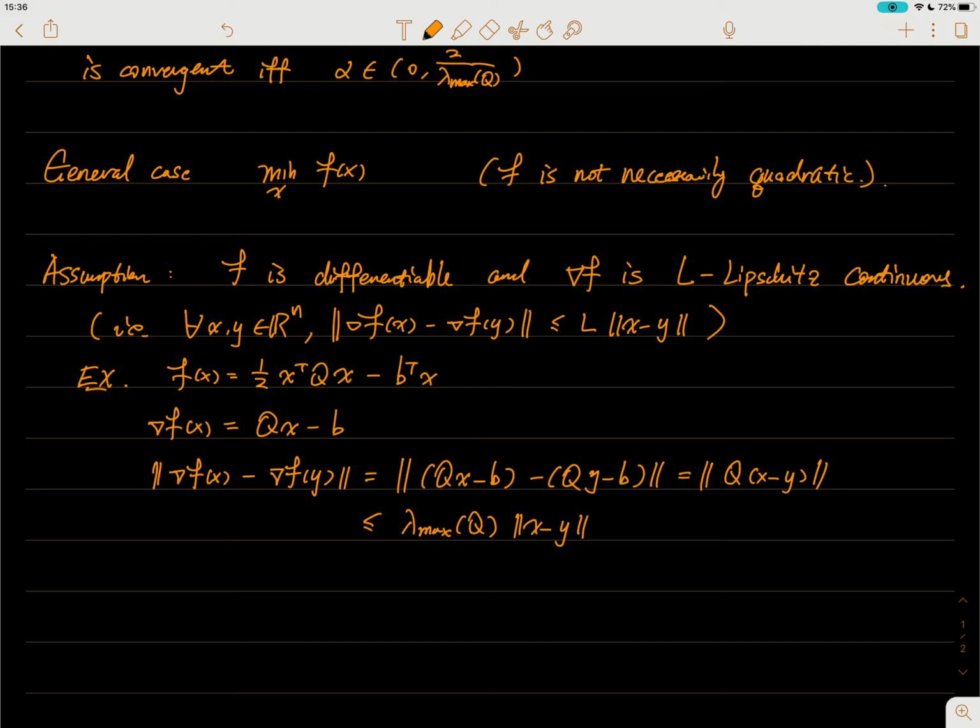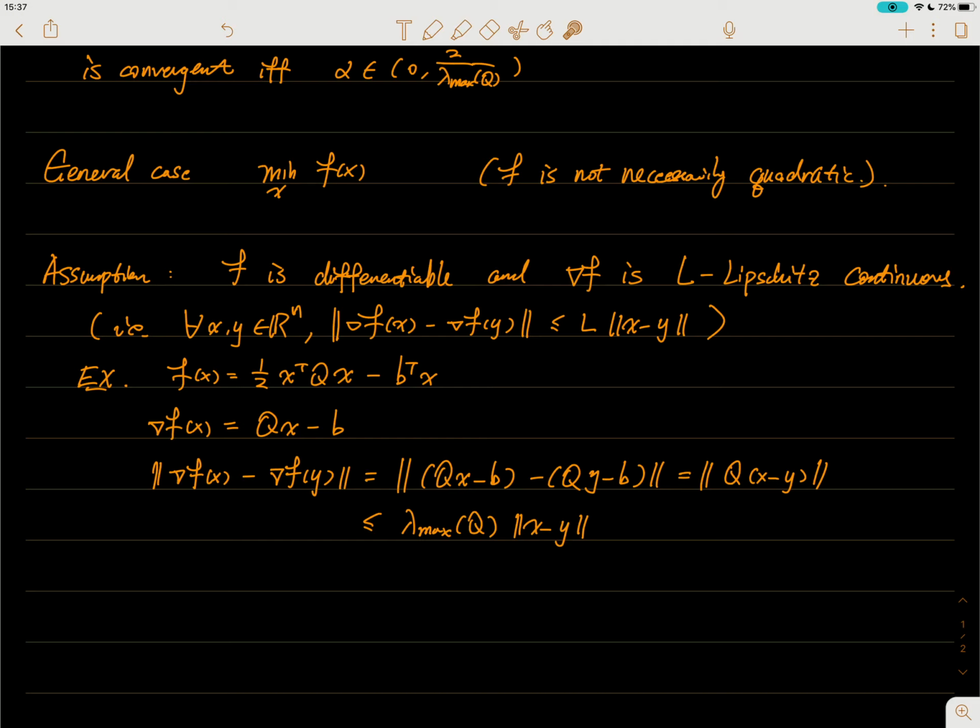So that means if f is a quadratic function like this, then the gradient of f is Lipschitz, with this as the constant L. Compared to this one here, this has the same form, and this is just the L.